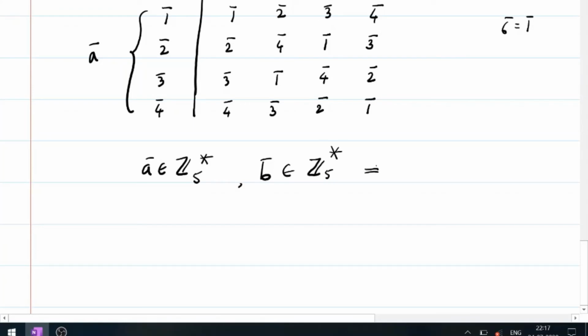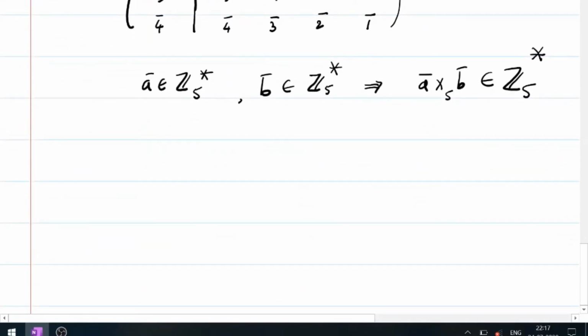So obviously all these multiplications, a bar multiplied by b bar modulo 5, are also non-zero elements, nobody came 0, so that is also in Z5 star. So this means that the first property, closure, holds from the table.